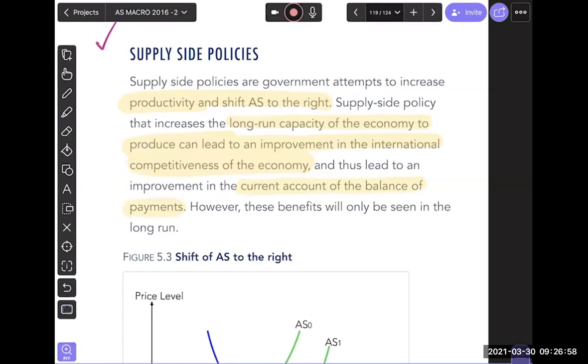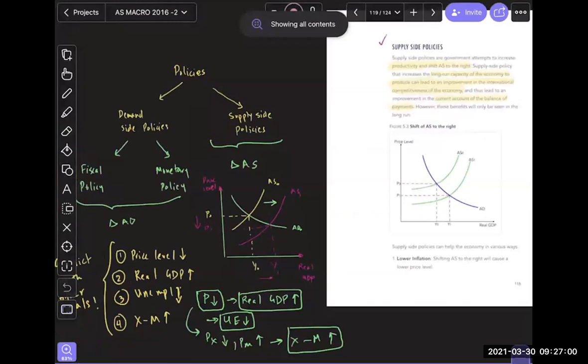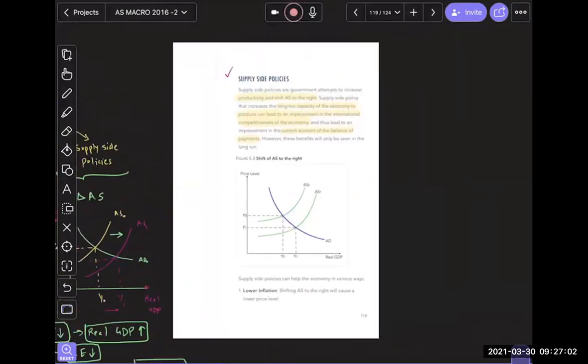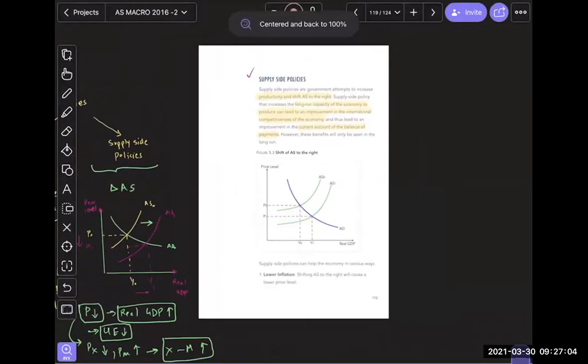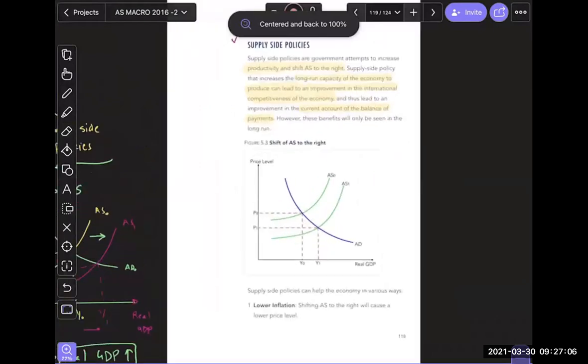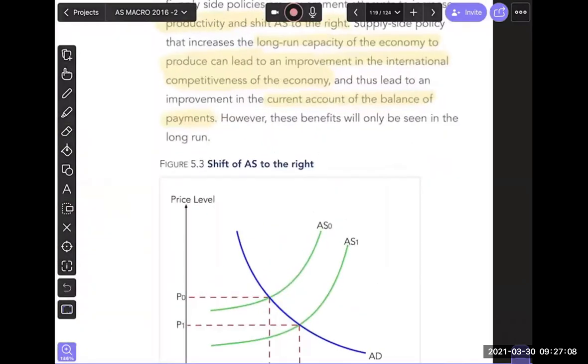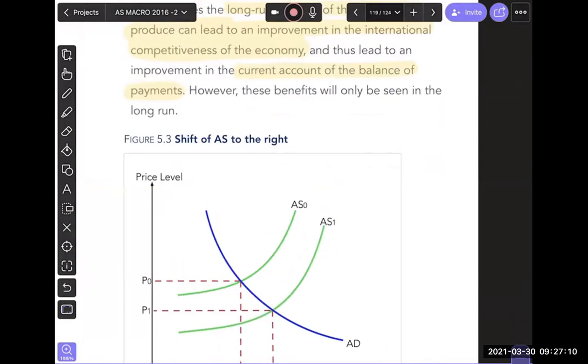So one of the biggest problems of supply side policies is that you can't see the impact in the short run. The kind of things that we try to do, we try to make the economy go better. We want the economy to grow. We want education and improvement in productivity to happen.